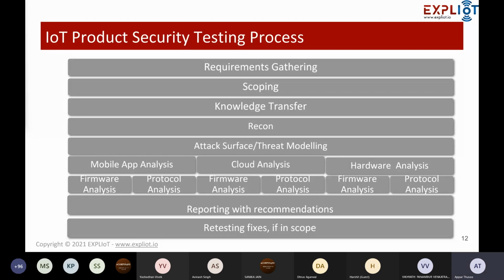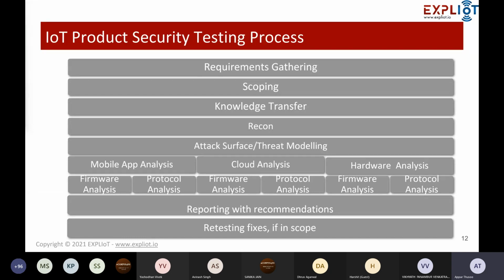So, we sit down with them and try to understand what exactly they think is a threat to their business and to their product, and then we go about working on that specifically. Then we have the knowledge transfer, where the development teams or the product teams sit along and tell us how the device works. Again, it depends on what kind of assessment it is.